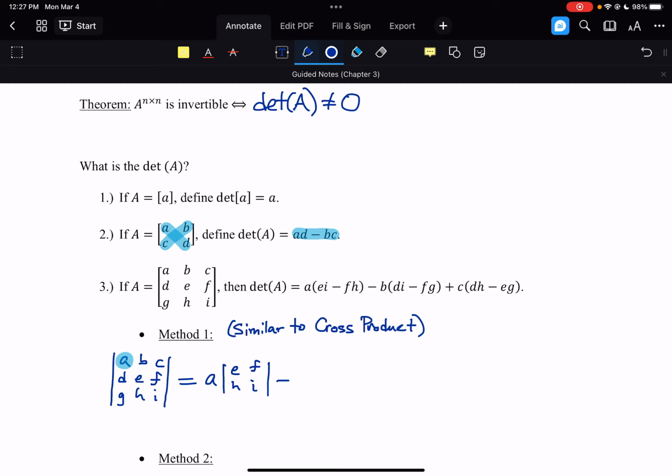And then minus, we go to the second component, B. We block off its row and column, which gives us D, F, G, I for the remaining 2 by 2.